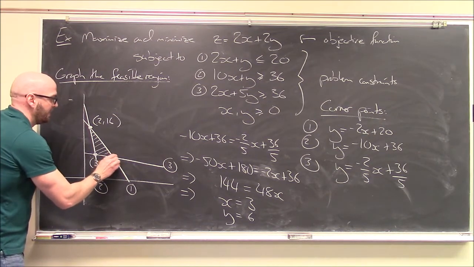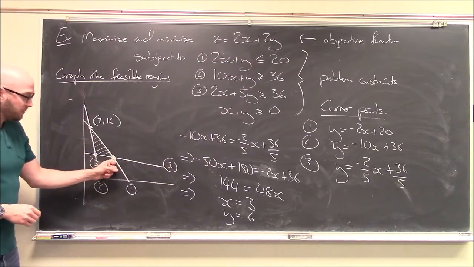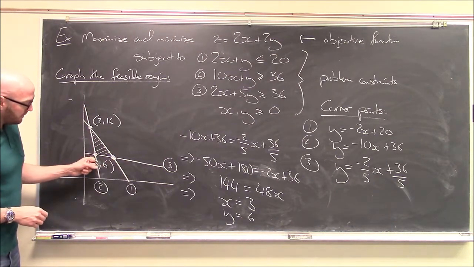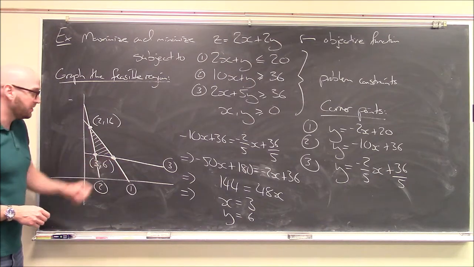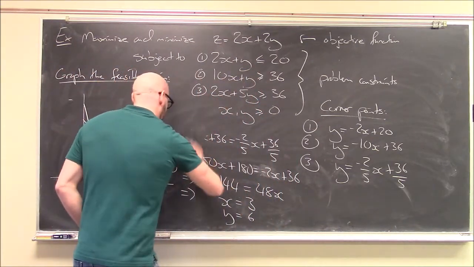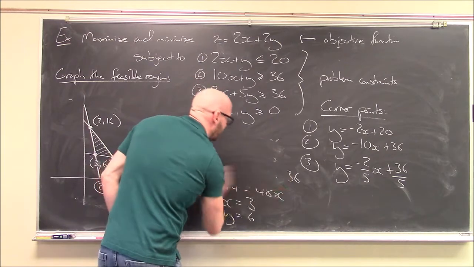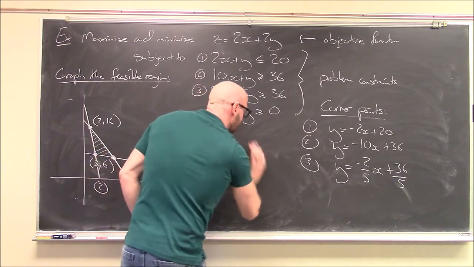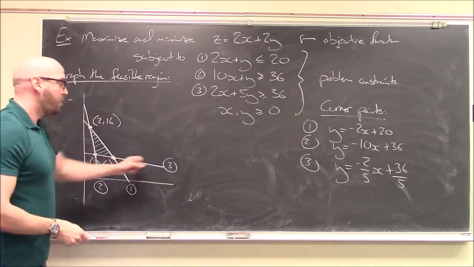This guy, I'm expecting, of course, a bigger x value again, and a y value slightly smaller than 6. So we just have to find this last corner point now. And we are working with the intersection of 1 and 3.